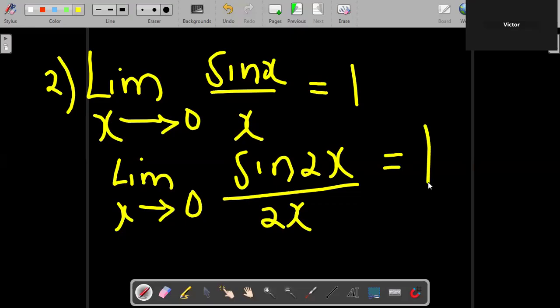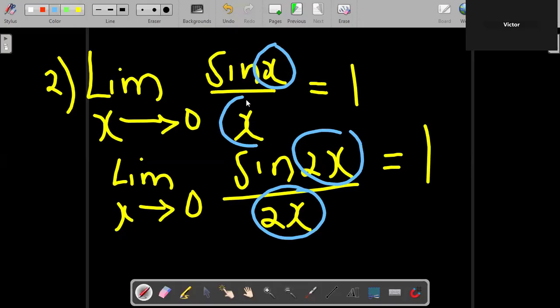The result is 1. So whatever you have after the sine should also be present in the denominator. You can see here is x, here is also x. That's the only condition for the result to be 1. Otherwise, it cannot be the answer. It must be the same in the denominator. So write that too.